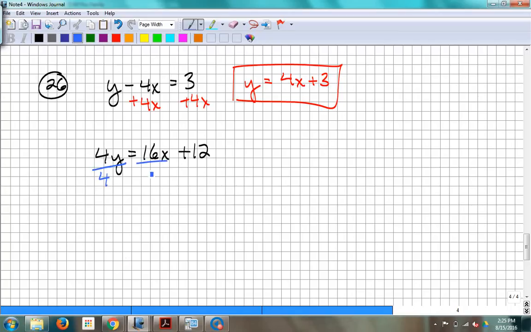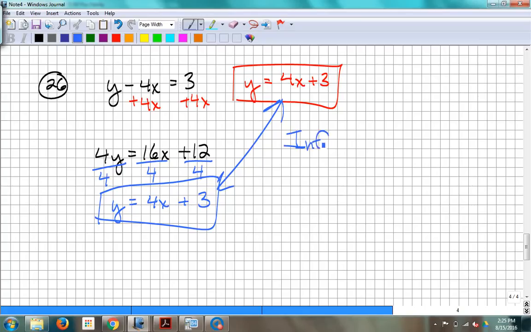And it ends up being exactly the same equation? The slope's not negative. Slope's not negative in the first one either. So it is exactly the same. So these two match. So that would be infinitely many, consistent, and dependent.